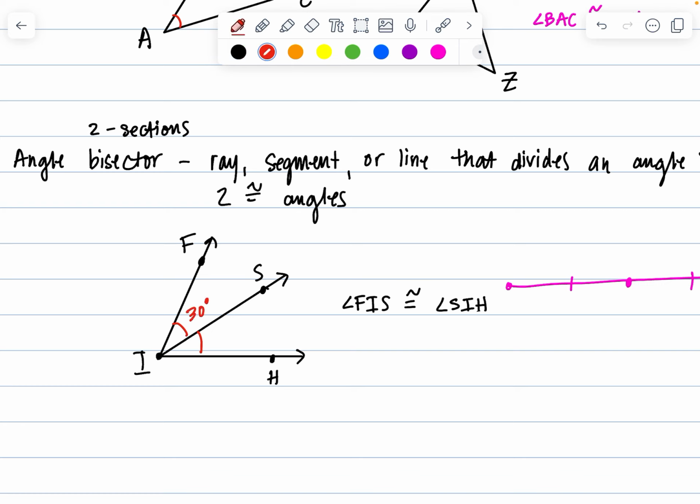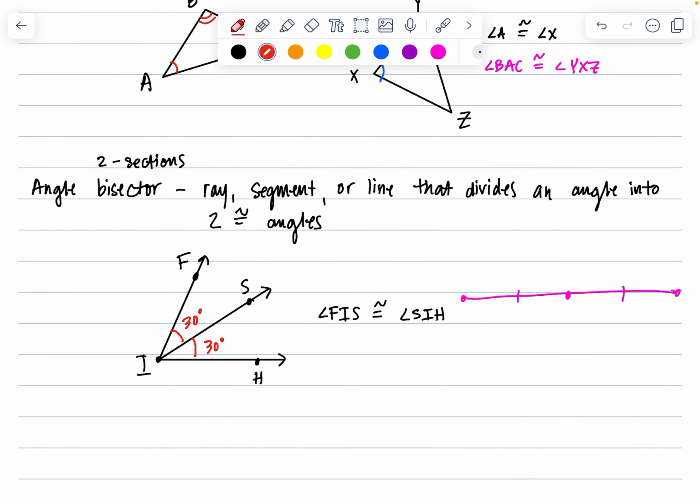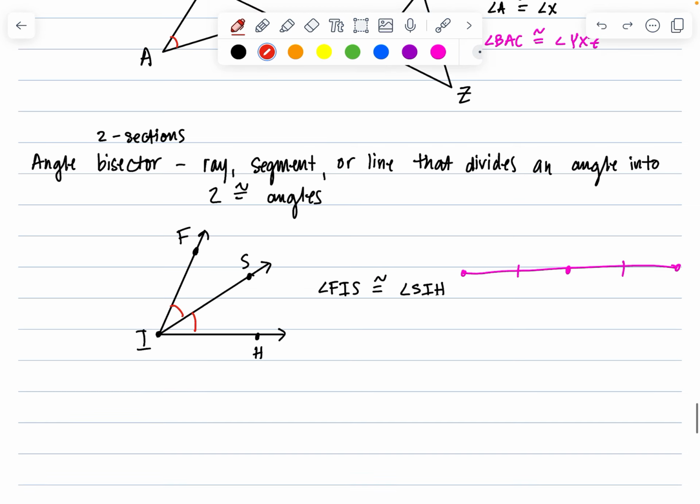So if I, for instance, said that this was 30 degrees, we would then say that this is also 30 degrees, okay? But we don't need that. We would then just use tick markers. We could even do tick markers like this as well to show like a physical tick, like how we do on the line segments. But having the angle ticks or the curved ticks is good enough, okay?